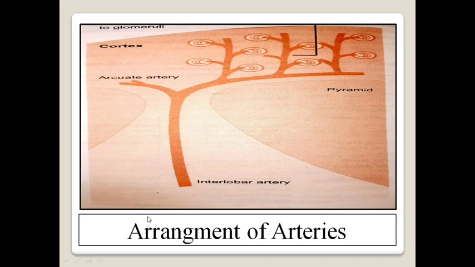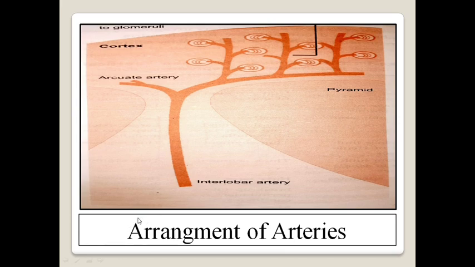lobular arteries at the hilum of the kidney. So suppose here it is the abdominal aorta. From here one renal artery will originate to the left kidney and one renal artery will originate to the right kidney. After emerging from the aorta, this renal artery enters through the hilum of the kidney.